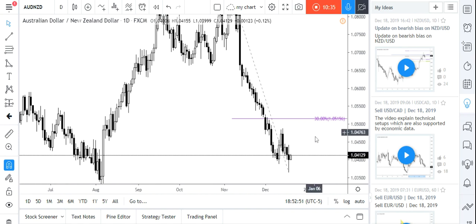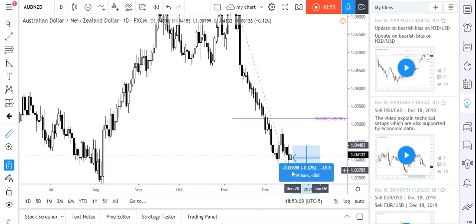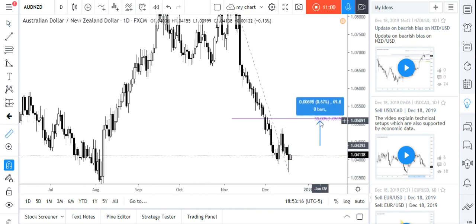So what we have on the table, if we compare the SL and TP from 440, we have around 78 pips on the reward side, and on the risk side from the same 440 area, 74.6. How much was it? 78. So this is giving a 1:1 risk to reward ratio. So 1:1 is also not bad. We can go for this trade.